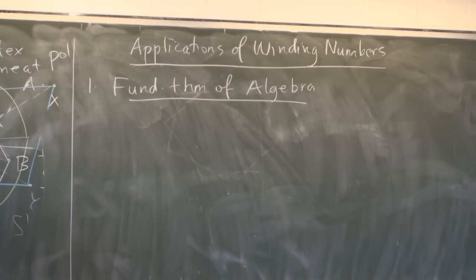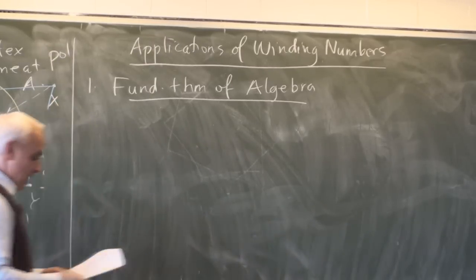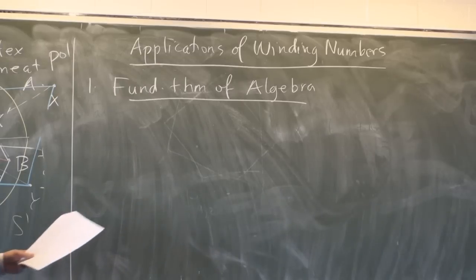Which is probably the most important application of algebraic topology. And of course, it's a very famous theorem that goes back to Gauss. Euler thought about aspects of it. It's a theorem that pops up every few years. Someone comes up with a new proof of it.